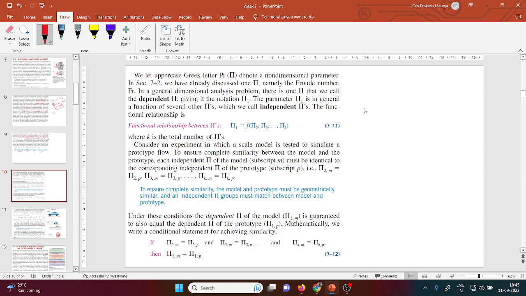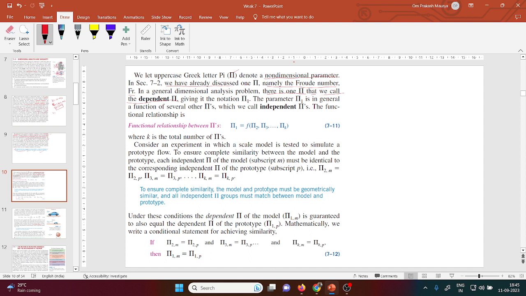We let the uppercase Greek letter pi denote the non-dimensional parameters. We have already discussed one pi, namely the Froude number Fr. In a general dimensional analysis problem, there is one pi that we call the dependent pi.